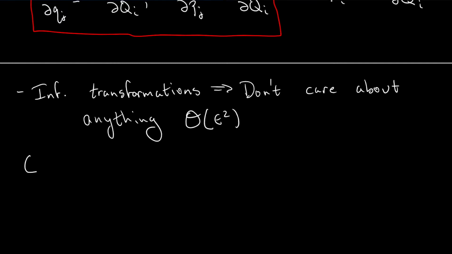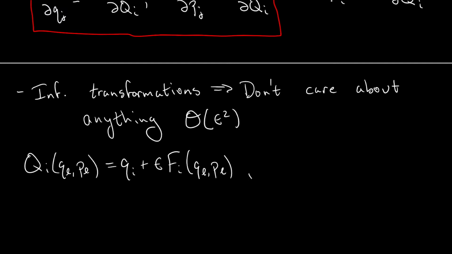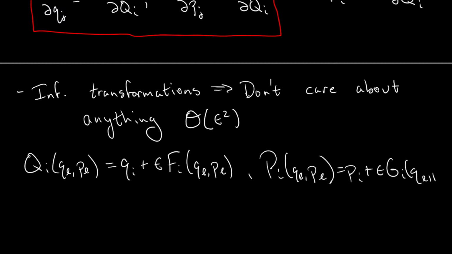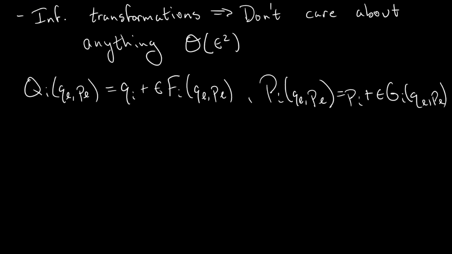Which means that when I have my transformations, Q sub I of little q sub l, little p sub l equals q sub I plus epsilon f sub I of q sub l, p sub l, and the same thing for p, P sub I equals p sub I plus epsilon g sub I, I can find the inverse of them by essentially just subtracting these functions from both sides.